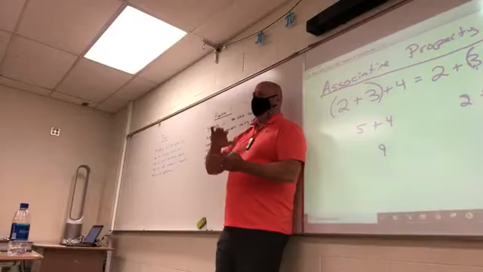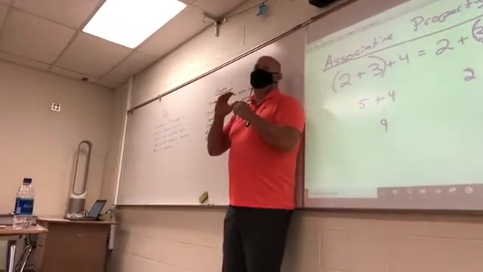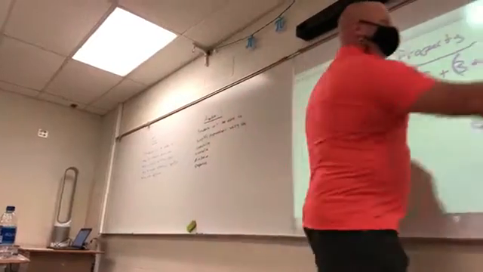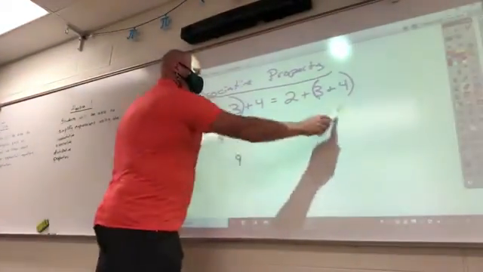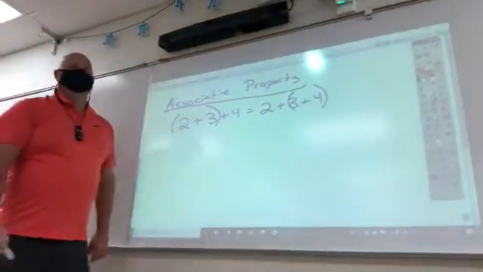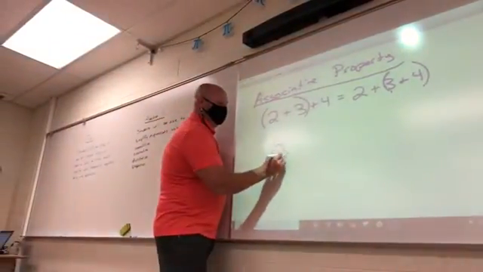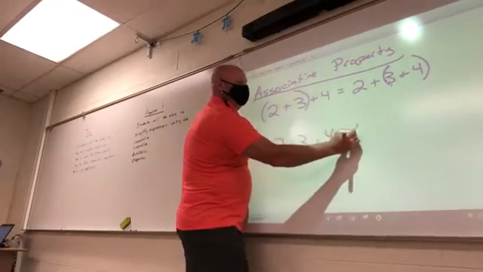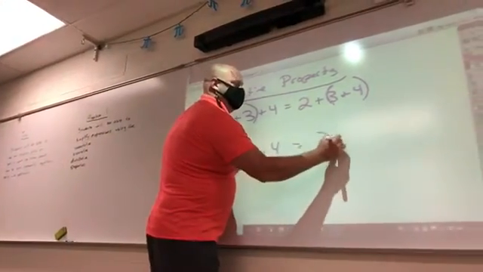So the associative property basically says if it's all addition, or what other function will this work in? Multiplication. If I have to do 2 times 3 times 4, okay?